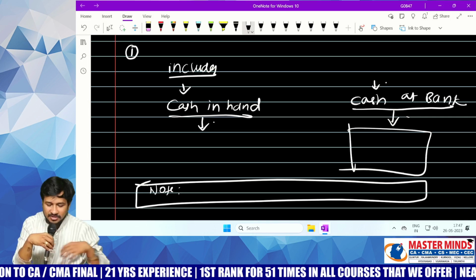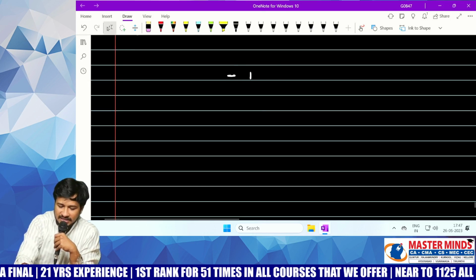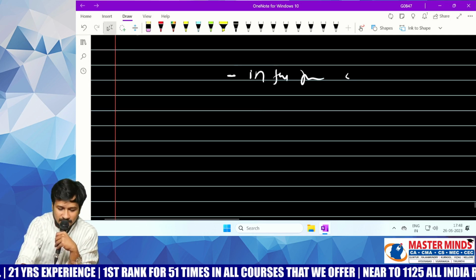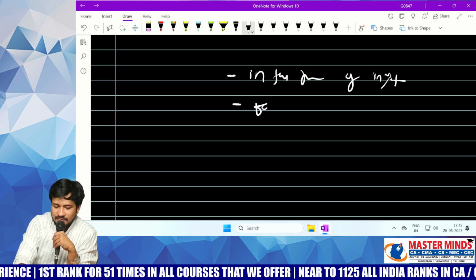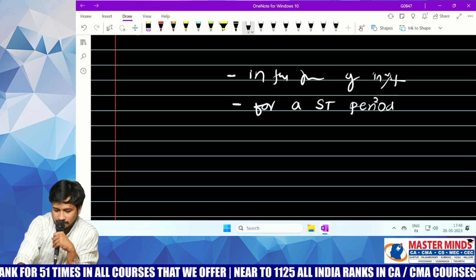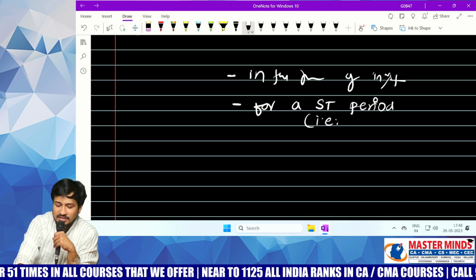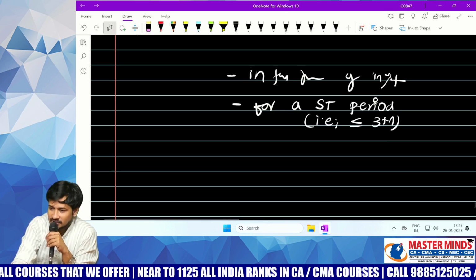Point number 1: cash equivalents, keep a hyphen and write in the form of investments. In the next line, for a short-term period, within brackets, that is less than or equal to 3 months. That is very, very important.